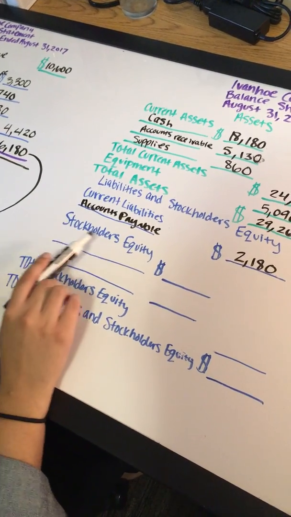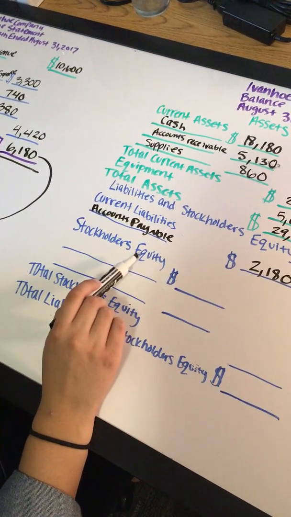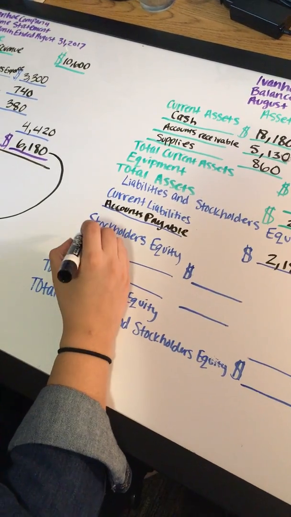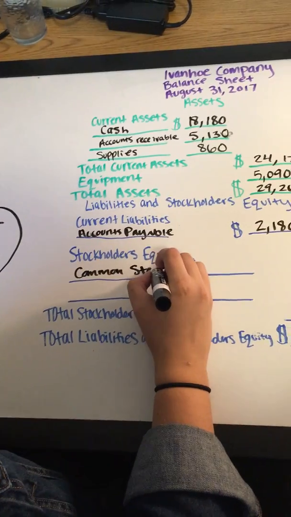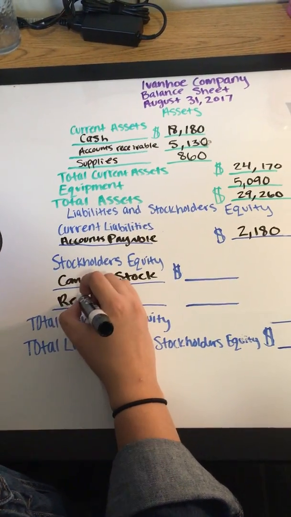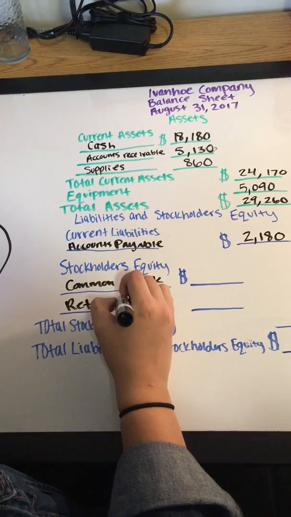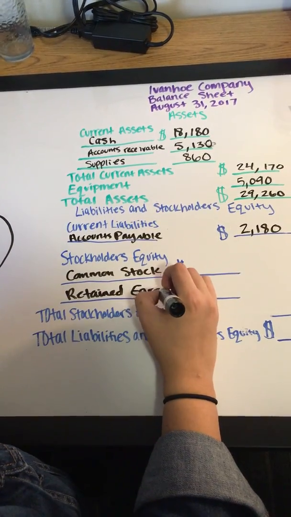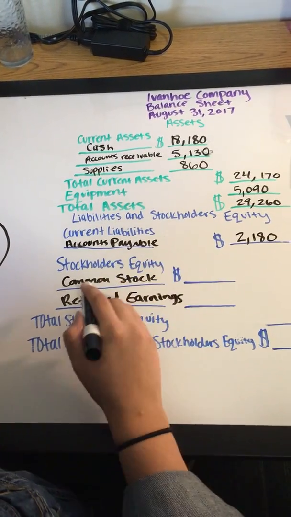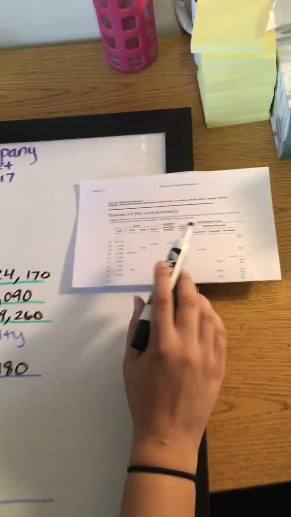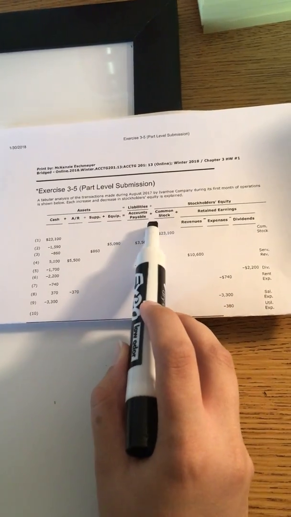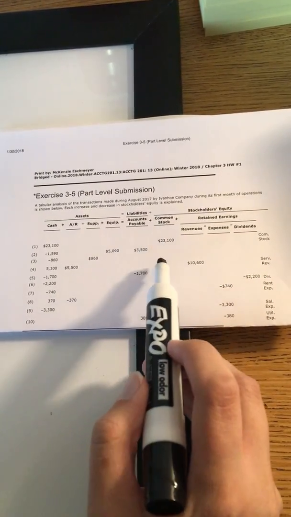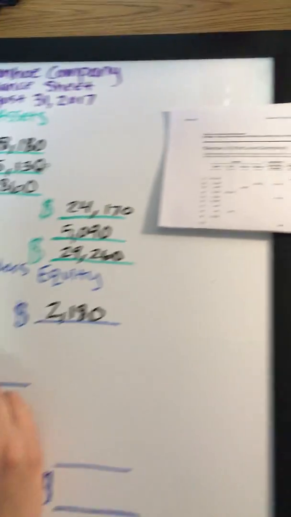When we move on to stockholders' equity, we know that it consists of common stock and retained earnings. We start off by finding our common stock back at the list of transactions. It is right here under stockholders' equity: common stock and retained earnings. Under common stock, we have a total of 23,100.